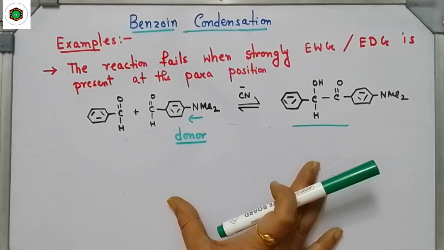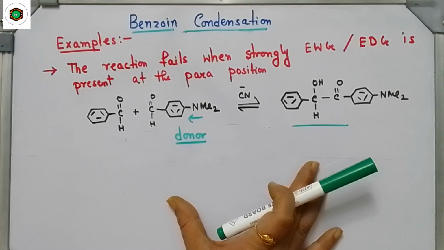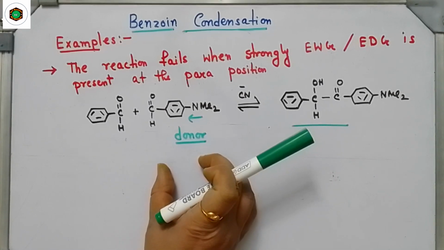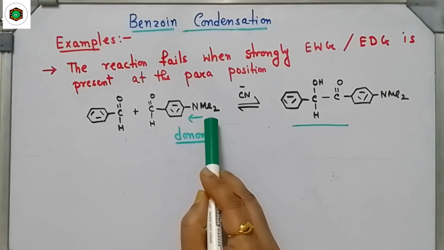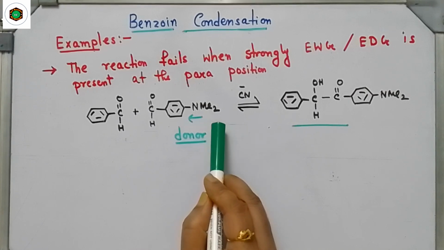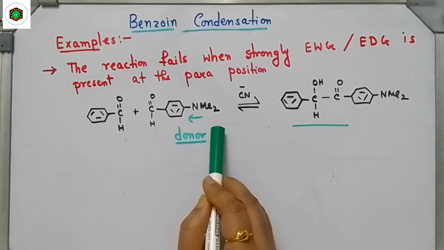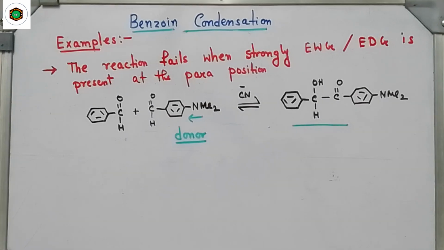In gist, what we have seen for crossed benzoin condensation, donor molecule should have electron donating group at para position, and acceptor molecule should have electron withdrawing group at para position of benzaldehyde.